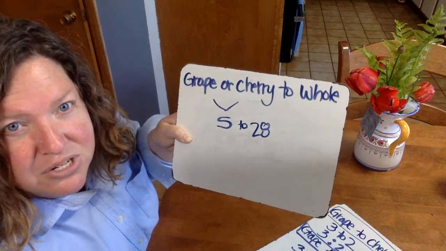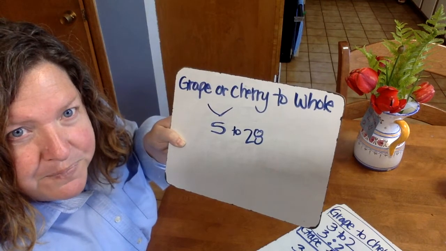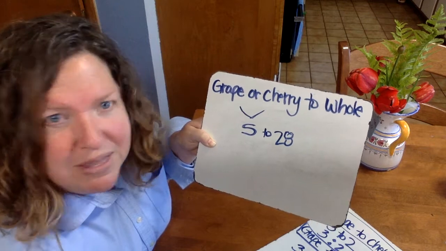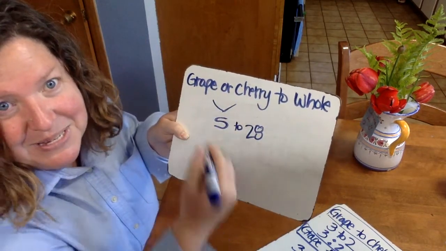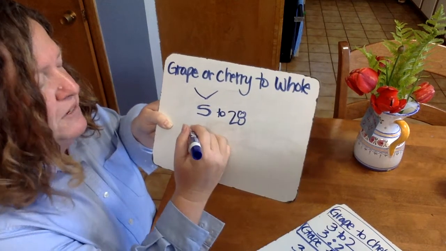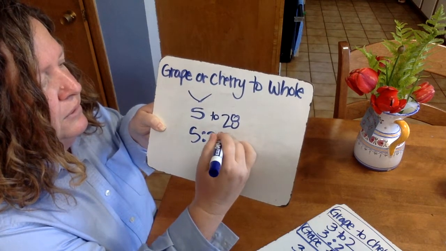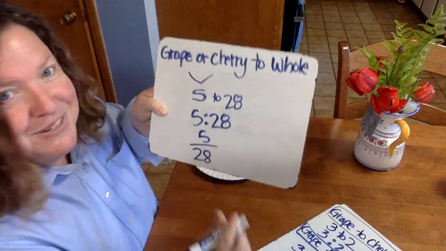So these kinds of questions where they ask us, is it one thing or the other compared to the whole? They really need a context around them. You really have to think, why would they be asking that, or what are they trying to get at? And they want to know in this case, I want to know which ones are my favorite and out of the total. So 5 to 28.